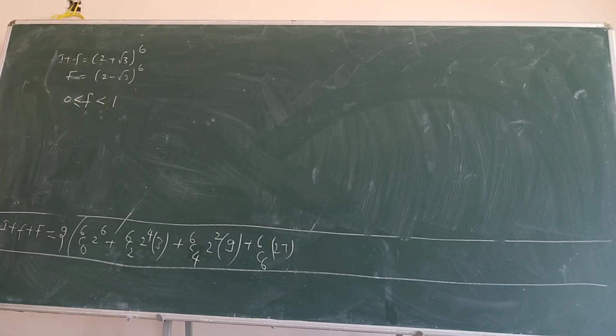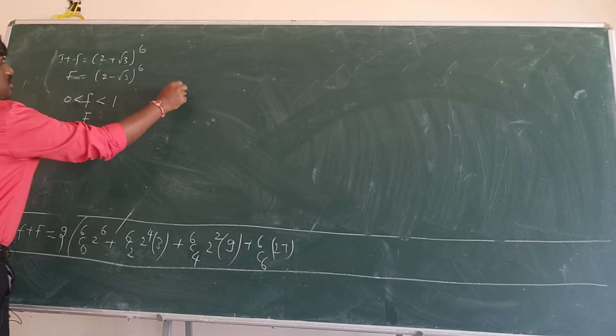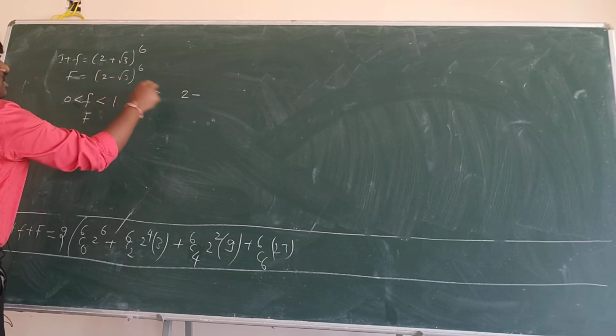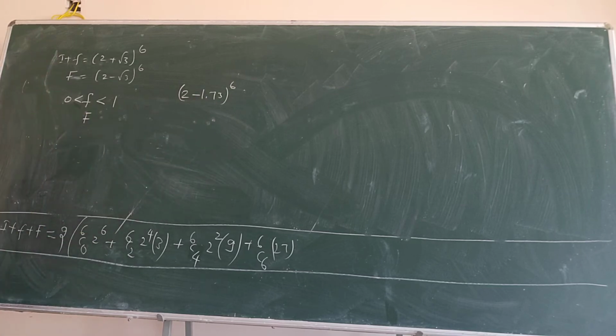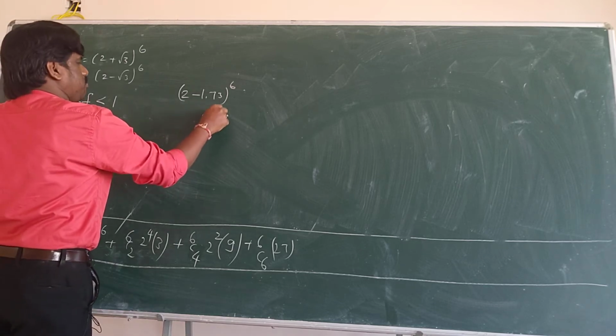That fraction number will be between 0 and 1. And capital F will be 2 minus root 3, and the root 3 value is 1.73, so 2 minus 1.73 is 0.27, to the power of 6.